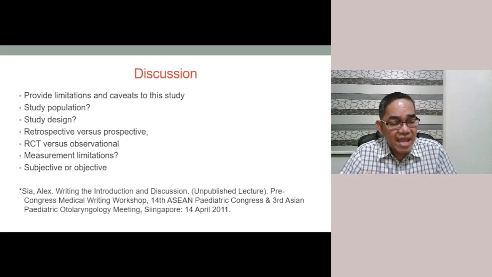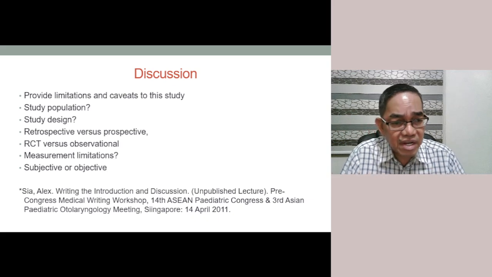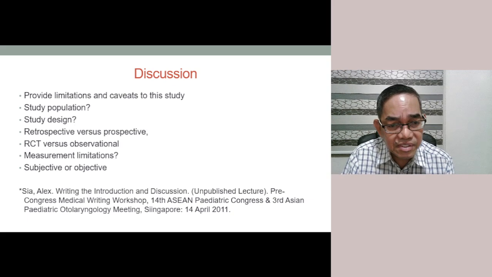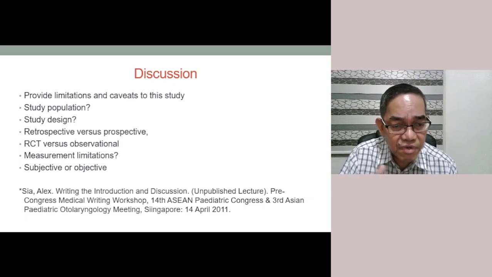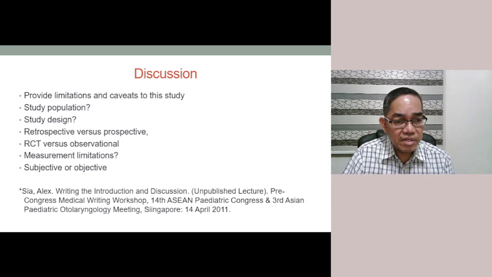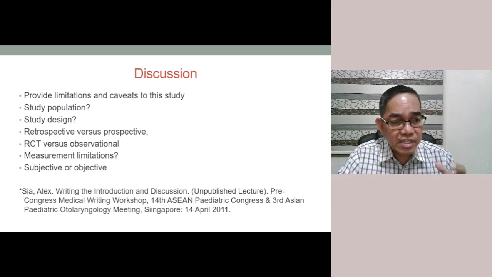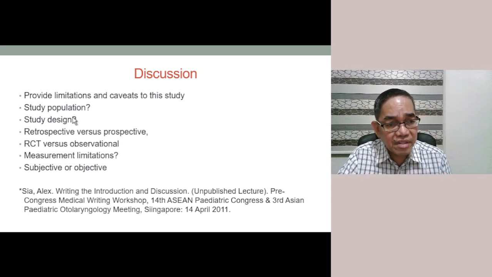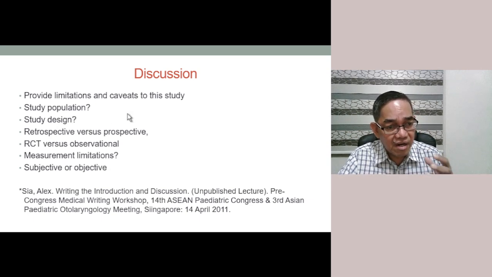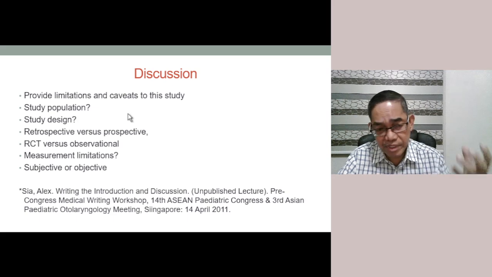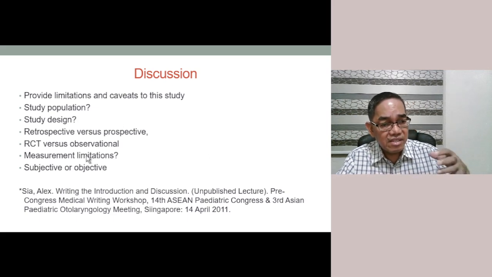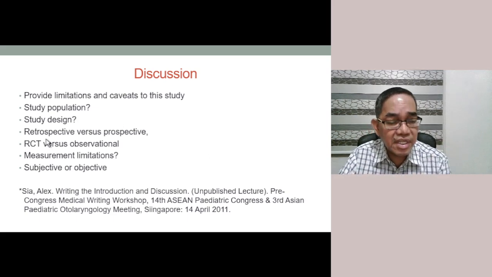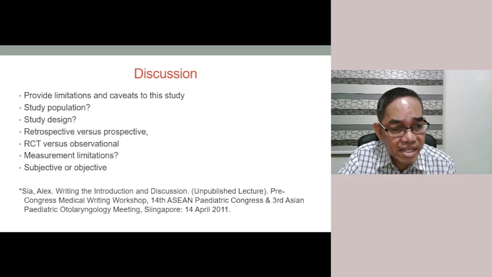And then after giving the implication, you provide the limitation of your study, the caveats of your study. The limitation could be in the form of the study population may not be appropriate, or the study design, or your study collected data retrospectively.